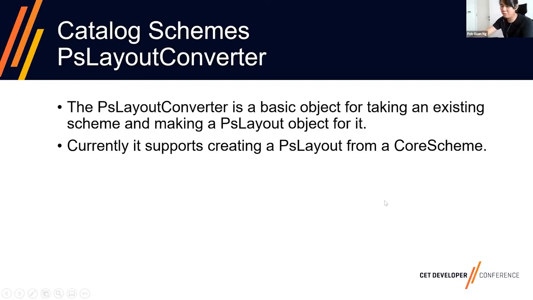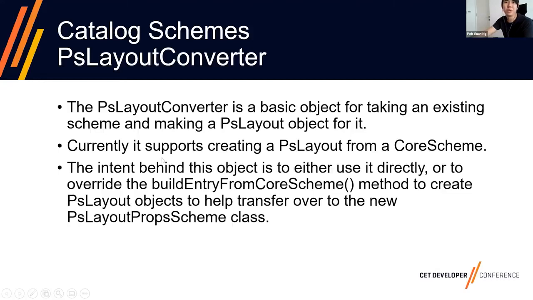So if you have a core scheme and you want to get a layout from it really fast, you can use this converter. The intention is that you can use this converter directly, or if you need the behavior to be slightly different, you can also override it.